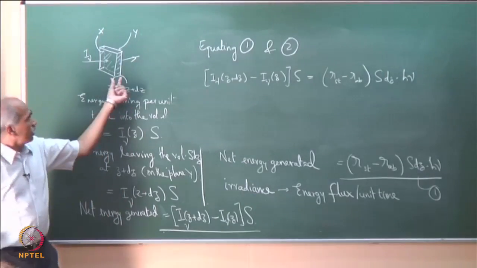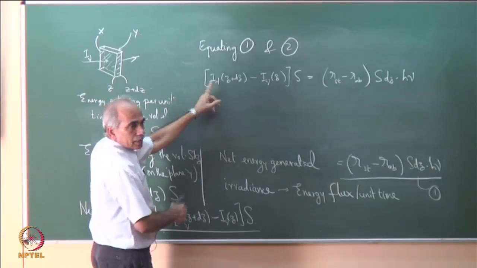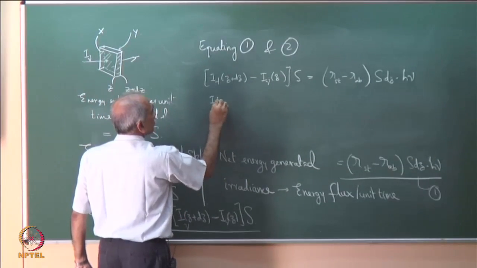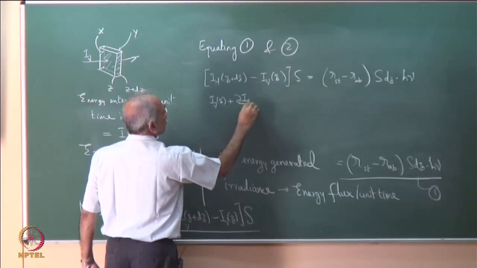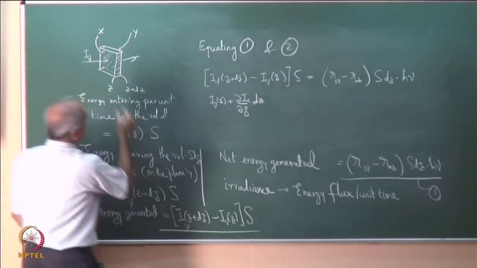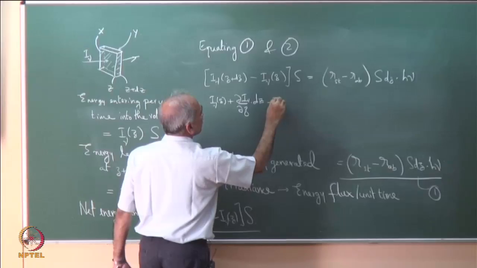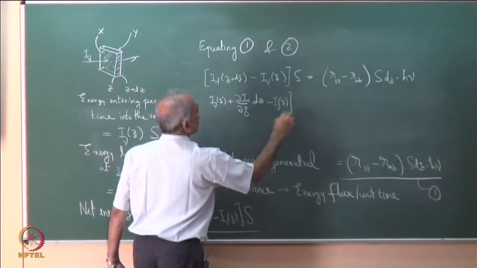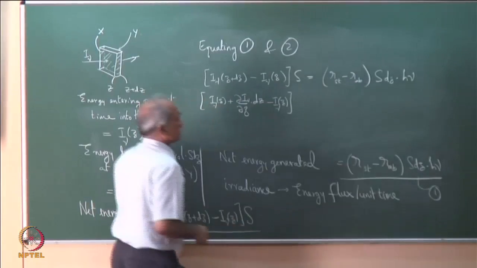We have considered an infinitesimal volume element. Therefore, I can write I nu of z plus dz as I nu of z plus del I nu by del z into dz, where dz is the thickness, minus I nu of z, into S equal to this.